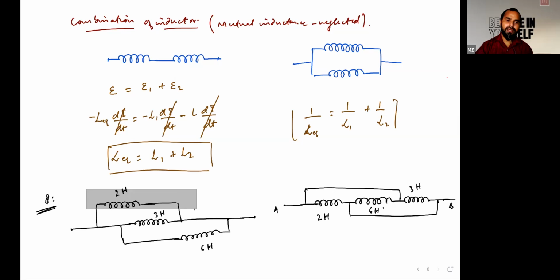This is nothing but a parallel combination. So if we shift this 4 to one side, it will look like a parallel combination.